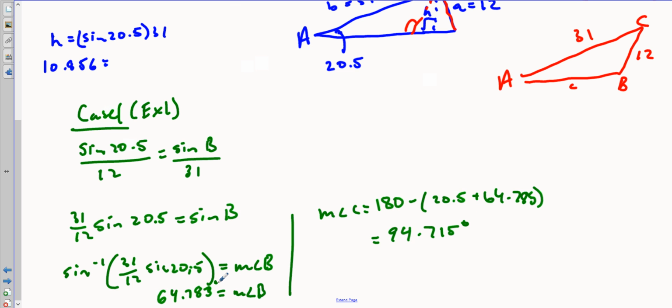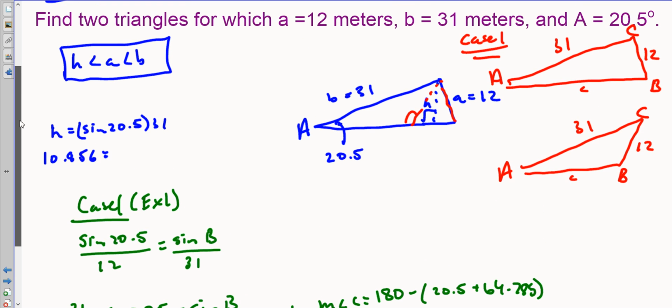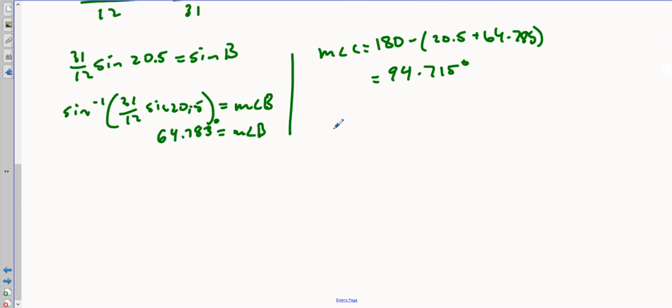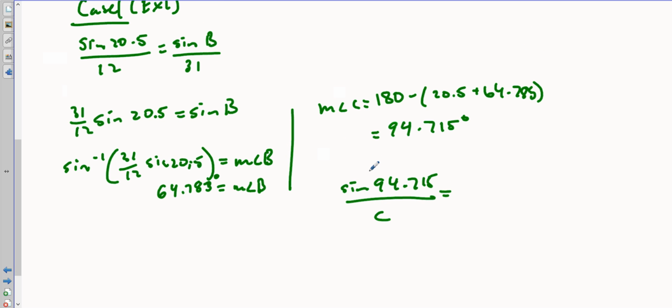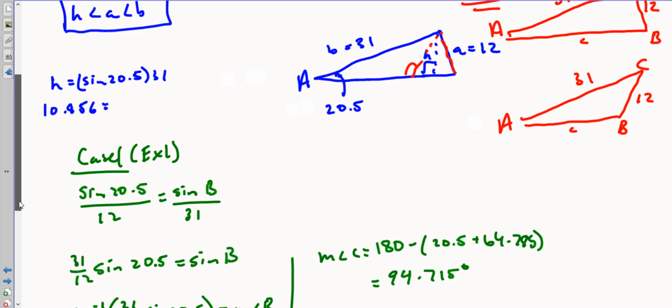So there we found our two angles for case one, and now we're going to find our side length. So now we're going to figure out side C. C is going to be the sine of 94.715, because that's the angle opposite side C, over C, and that's going to equal, let's use what we know from here, the sine of 20.5 divided by 12, because that was what we were given in our original problem.